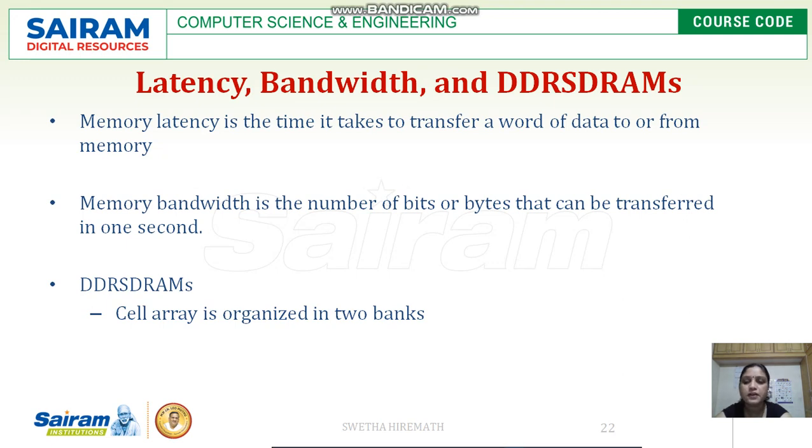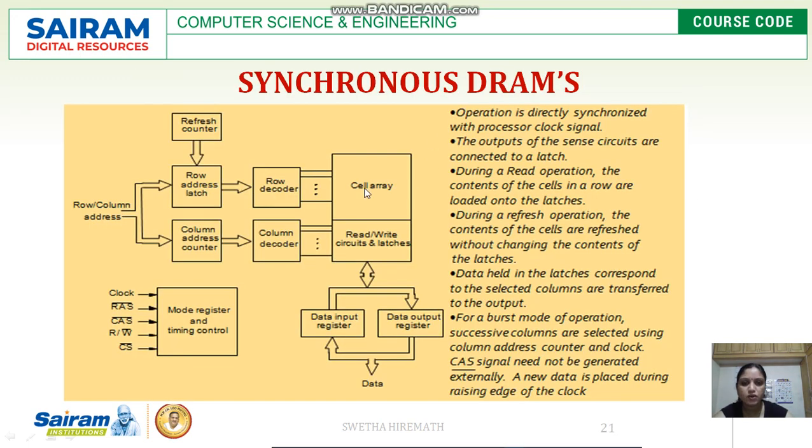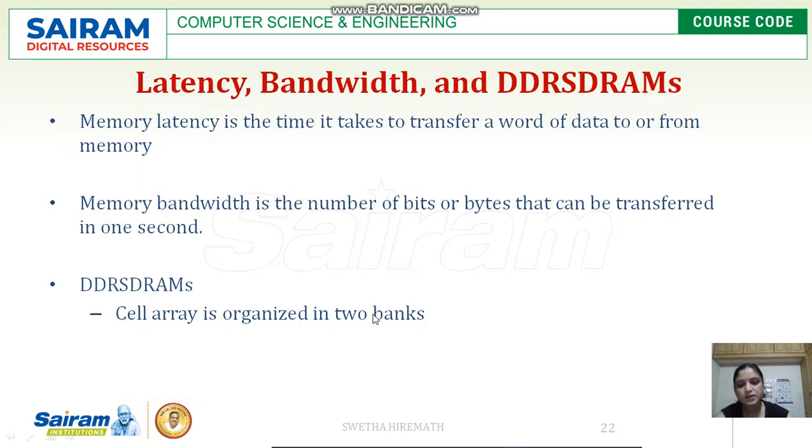And to ease the transfer of data, we are going to organize the cell array into two banks. Till now the cell array was arranged in only one bank. But in DDR SDRAMs we arrange the array in two banks. Once it is arranged in two banks, if two words are to be read or written consecutively, then one word from the first bank and the second word from the second bank will be selected, and the read or write operation will be performed simultaneously.